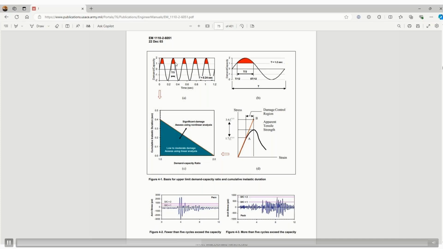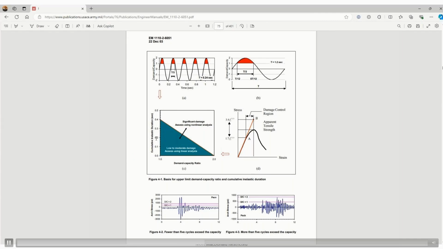See, DCR can exceed 1, the linear limit. It can even exceed 2 in some cases. If it exceeds 1, that means it is exceeding the allowable tensile limit of the concrete.